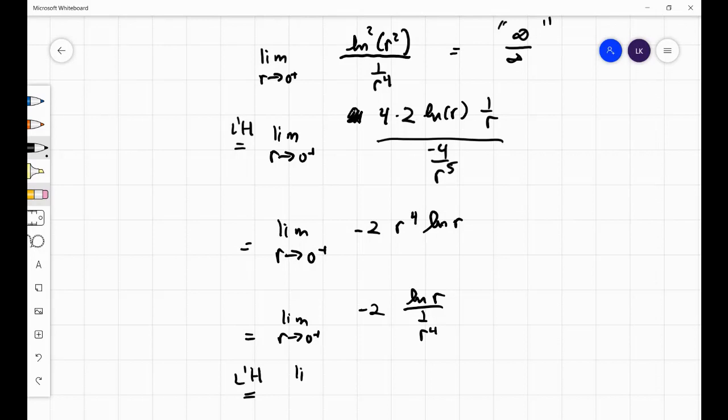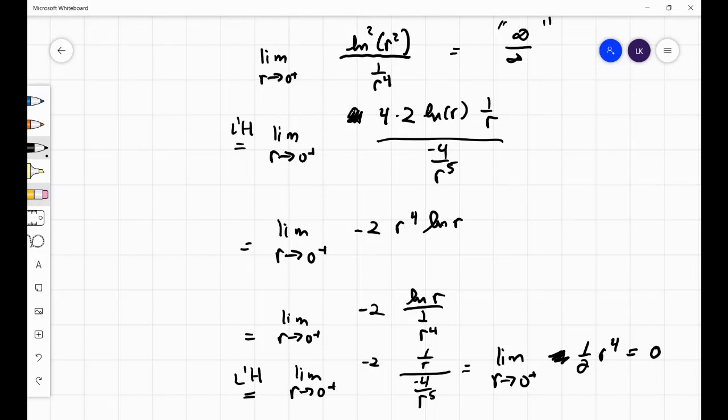So the limit is 0. So now we get a determinate limit of 0.